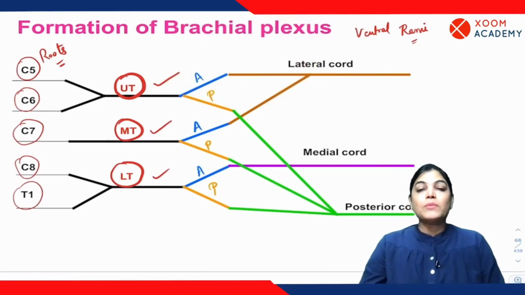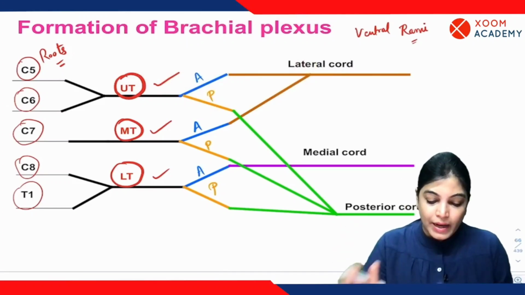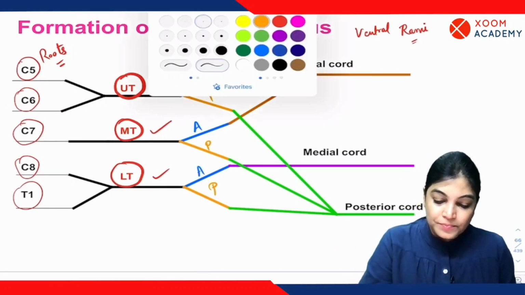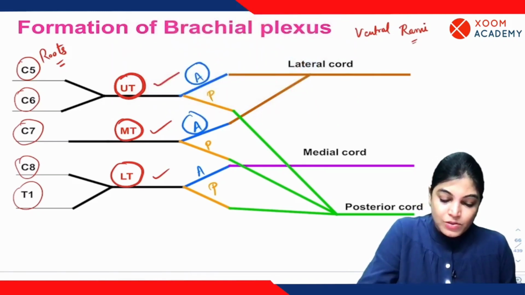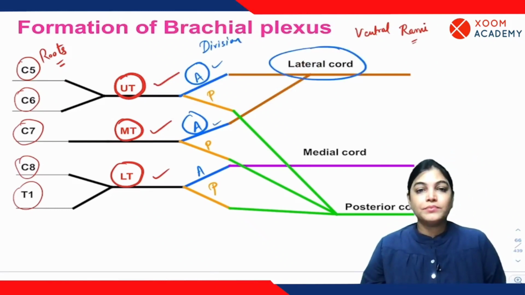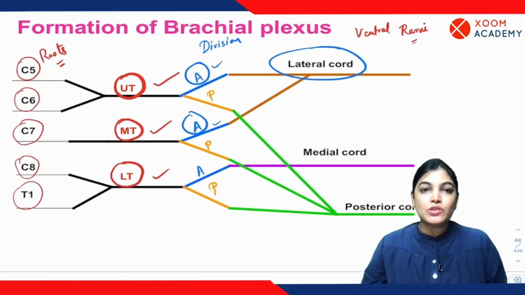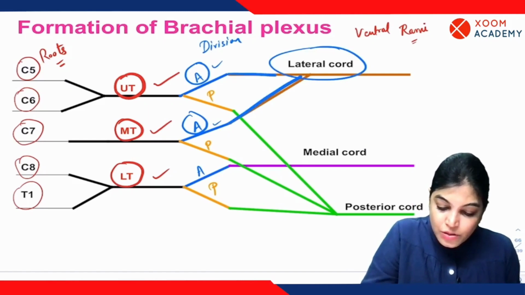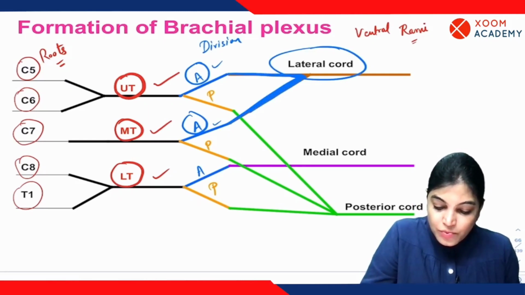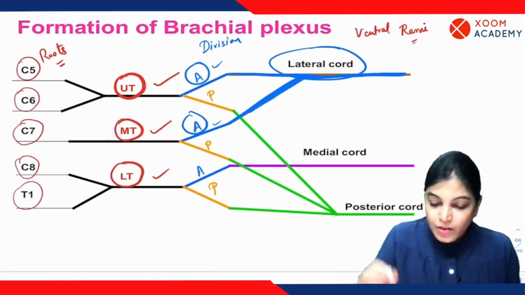Now, if I talk about the formation of cords, the anterior divisions of the upper and the middle trunks join together to form the lateral cord. Got it?